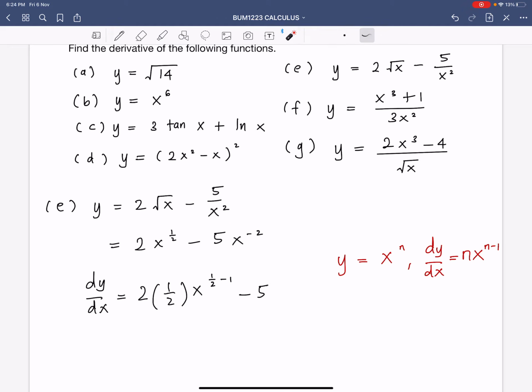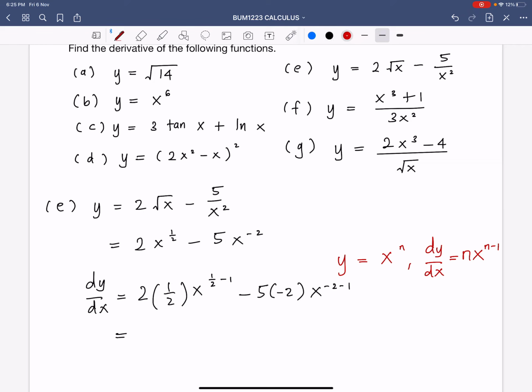Here we have x power of n, where our n is equal to negative 2. Therefore, here negative 2 times negative 2, and then x power of negative 2 minus 1.